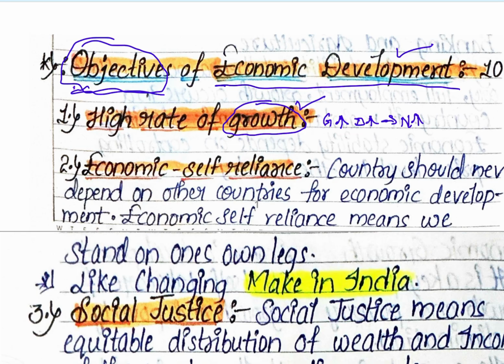So for achieving economic development, a high rate of growth is very important. If growth means production increases, then development also increases, and national income also increases. This is the first objective of economic development.